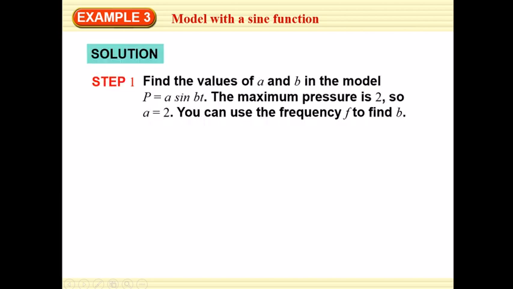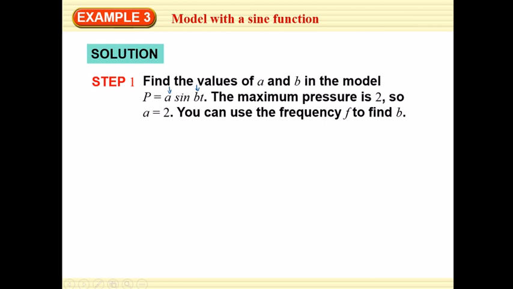Alright, so let's look at how they set it up. I am going to have an amplitude and a B here that's going to determine my period as well, so I need to account for that.